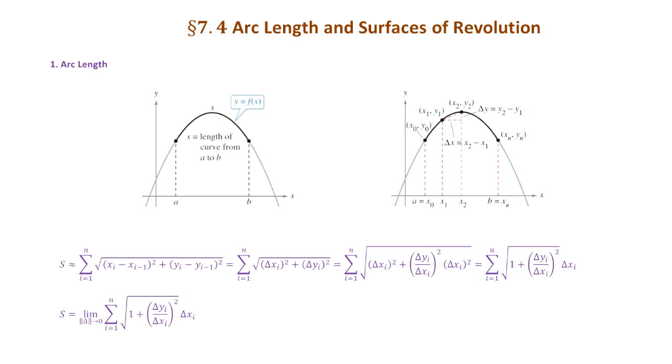So we have something like a parabola, and we want to find the length of the arc, or the piece of the curve, from x equal to a to x equal to b. So let's assume s to be the length of the curve from a to b, as shown in the graph.